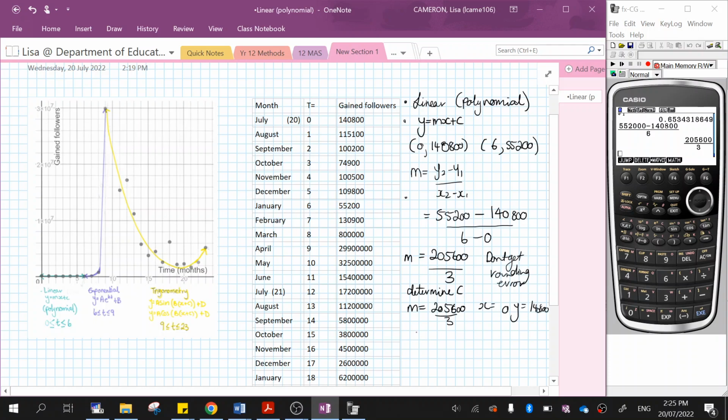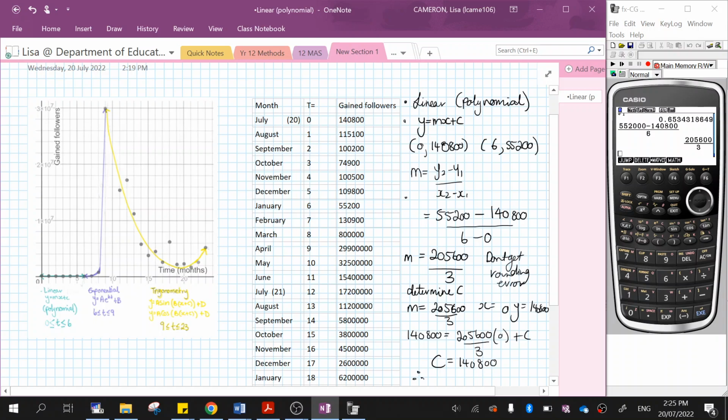Now we can chuck that into our formula. When you multiply this by 0, you'll just get 0 for this whole thing, meaning that C is going to equal this.